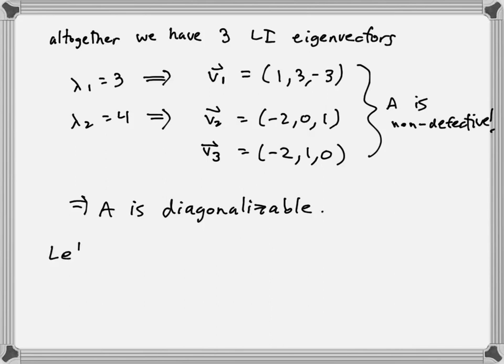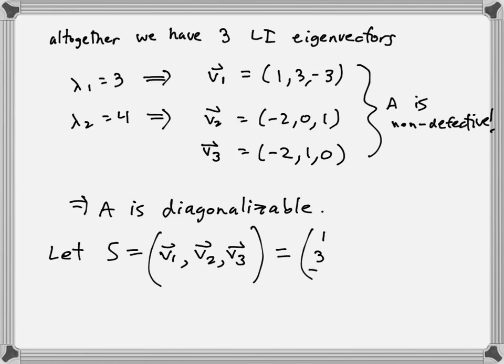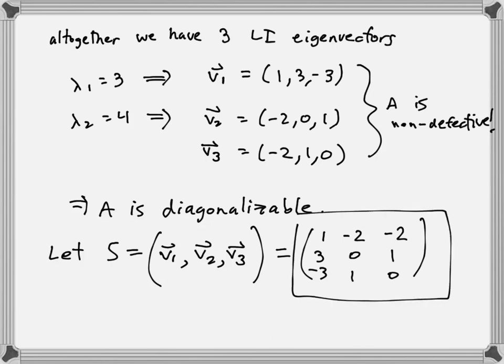So how do you diagonalize it? Well, we're going to let S be. All you do is put the 3 eigenvectors as columns of S. And so we end up with 1, 3, negative 3, negative 2, 0, 1, negative 2, 1, 0. Okay, so this is S. And what does S inverse times A times S have to equal?